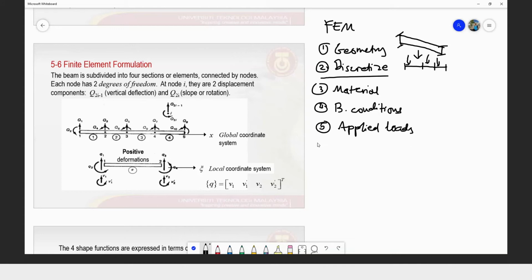So yang ni kita boleh switch lah which one yang kita nak start dulu, depend on the problem. Usually kita boleh straight away tengok pada boundary condition dulu kan untuk kita eliminate kita punya rows and columns.